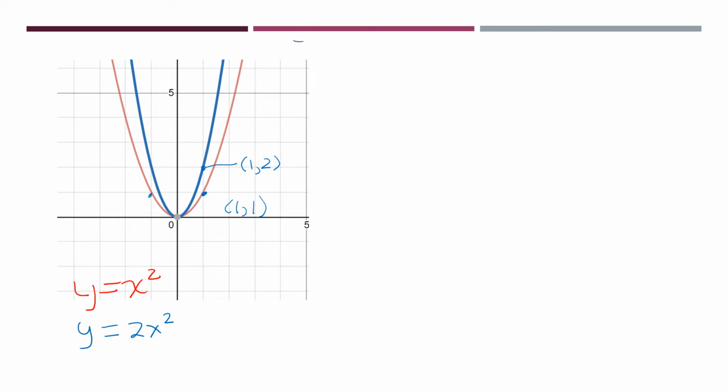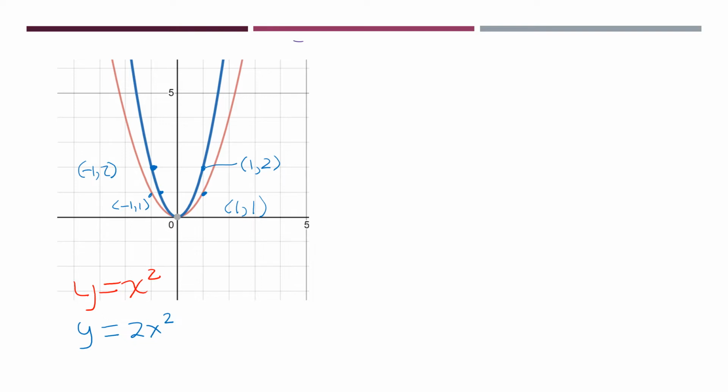Our point, instead of being -1, 1, which it is on our parent function, on the blue, on the graph of y equals 2x squared, I've got the point -1, 2. Okay. So notice that I multiplied the y values of my ordered pair by 2.